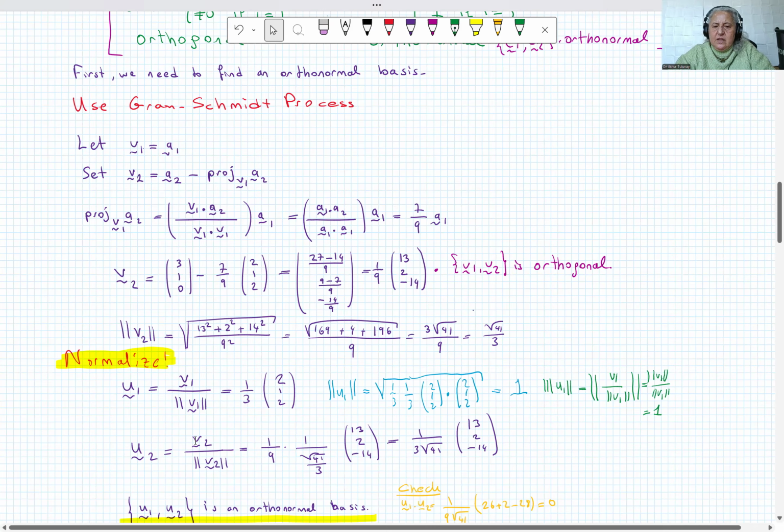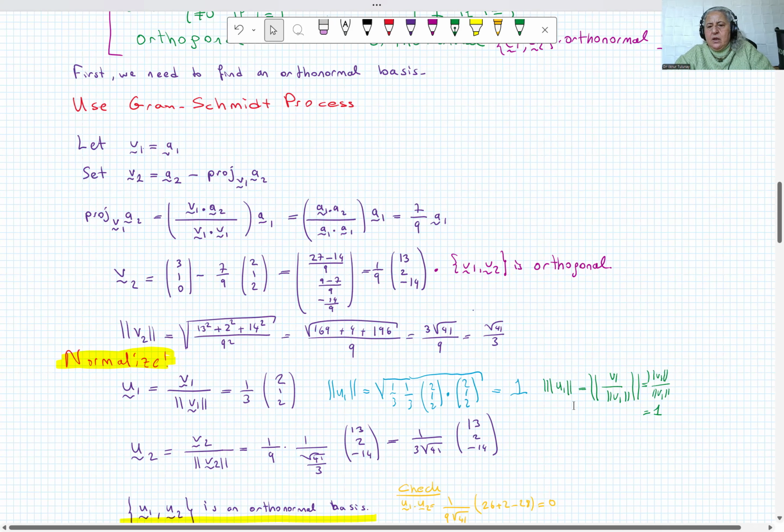U2, similarly, is V2 divided by its length. We know how to calculate the length, right? I don't need to repeat it. If you do that, the blue section shows you that the length of U1 is 1.